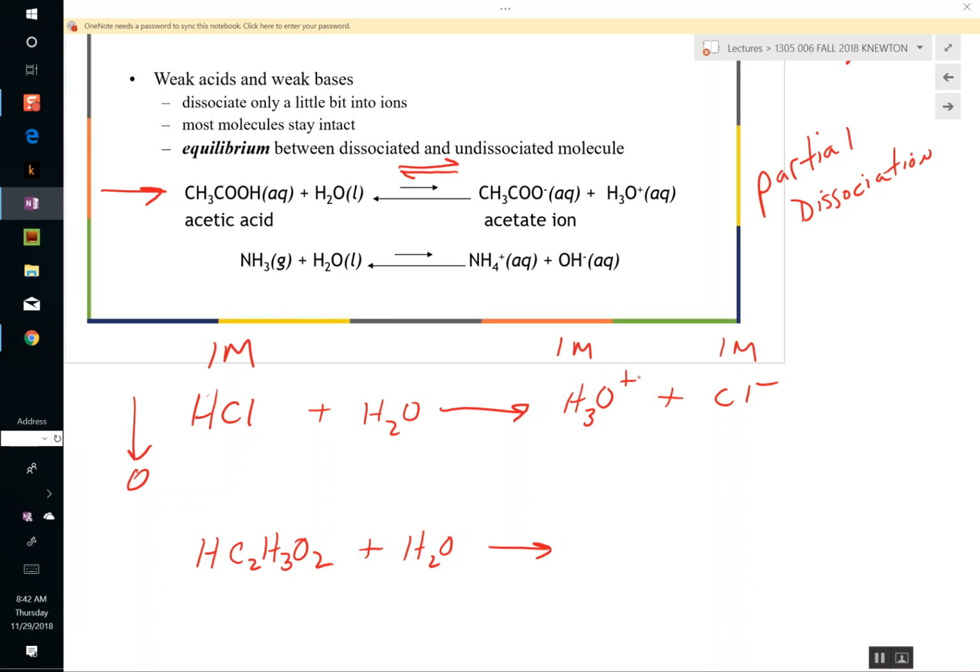In this particular case, if we were in Chem 1307 studying organic chemistry, I would probably write it that way. But you can see you got 2 different kinds of hydrogens here. This is your acidic hydrogen. These are not. This is in your acetate ion. Here's your acidic hydrogen. So you're going to get H3O plus and C2H3O2 minus ions.